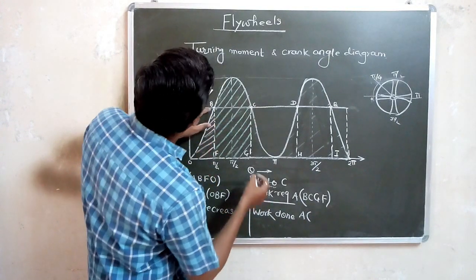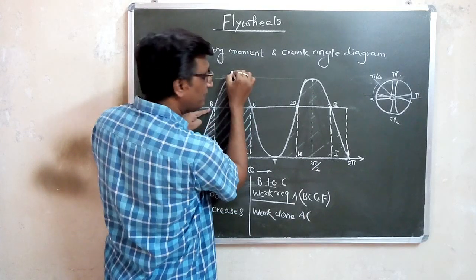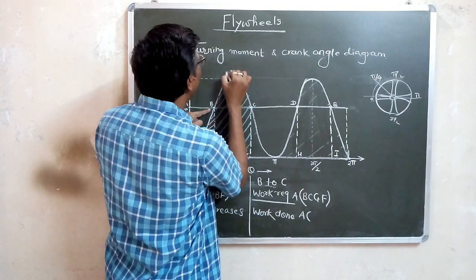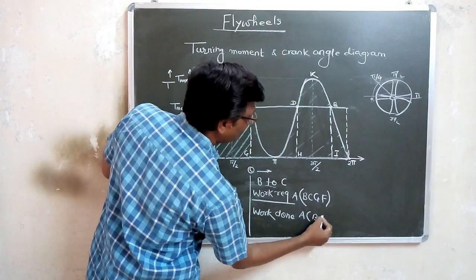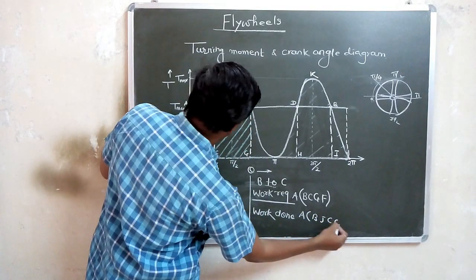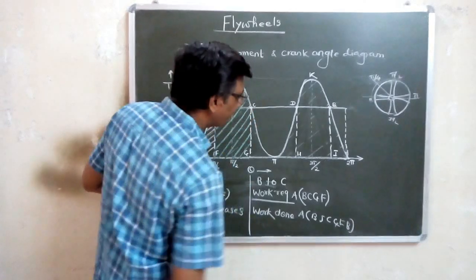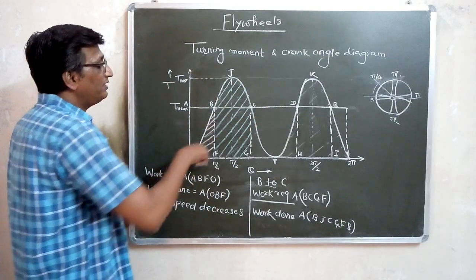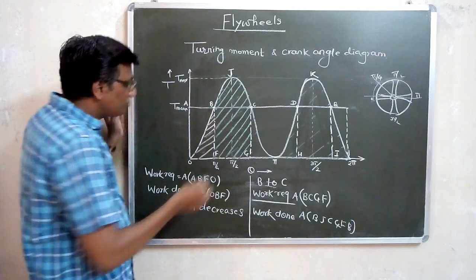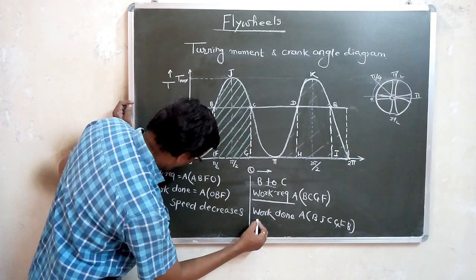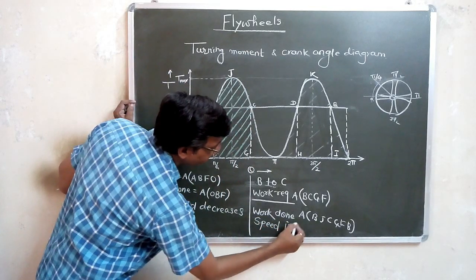Let us take any points here, say I and J and K. So it is B, J, C, G, F, D again. That is the area of work done. Here speed increases.